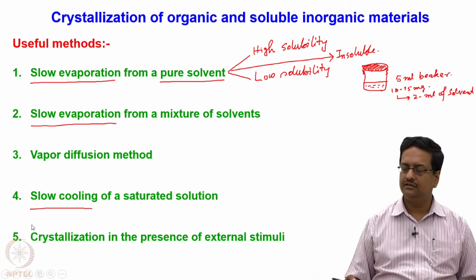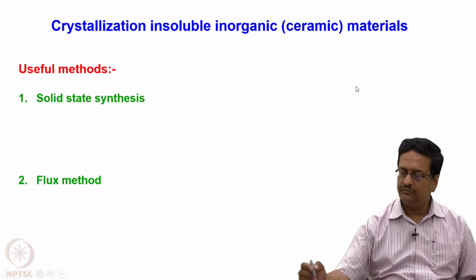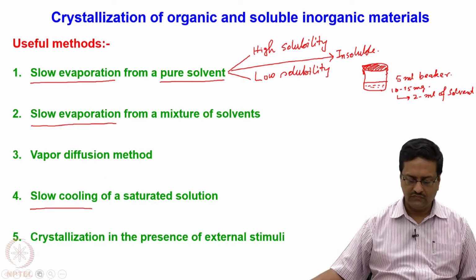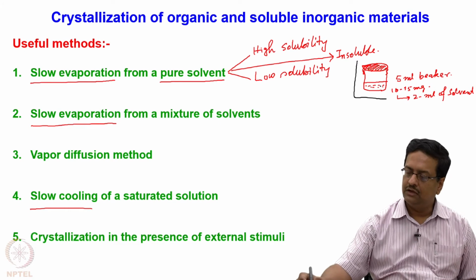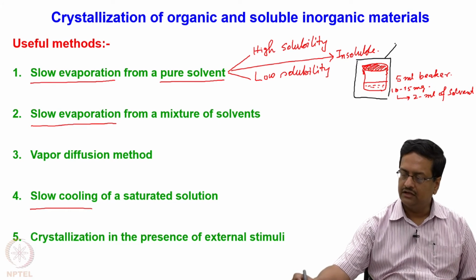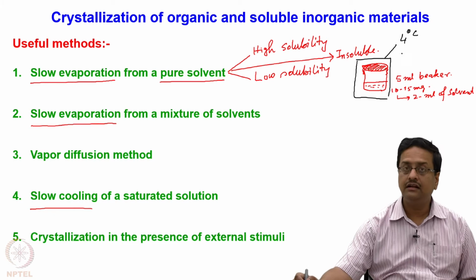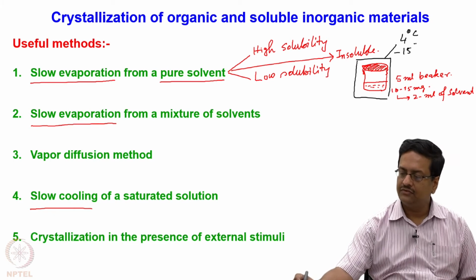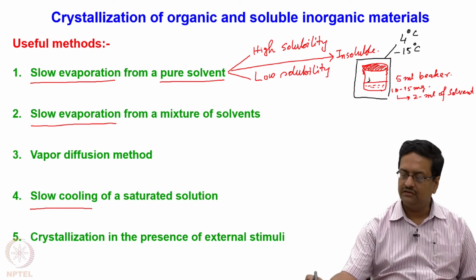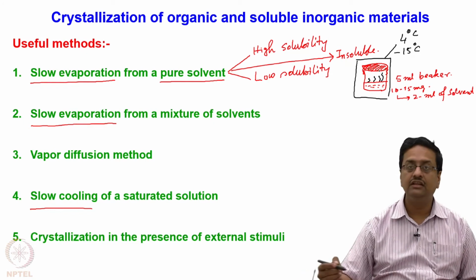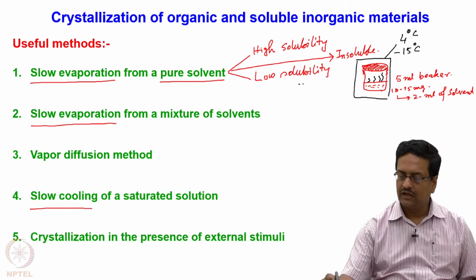and allow the solvent to evaporate at a very slow rate. Then we keep this beaker in a refrigerator at about either 4 degrees centigrade or about minus 15 degrees centigrade, so that the solvent inside evaporates very slowly over a period of 7 to 10 days.